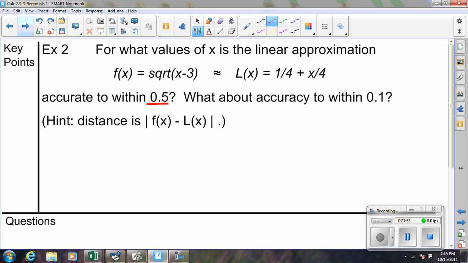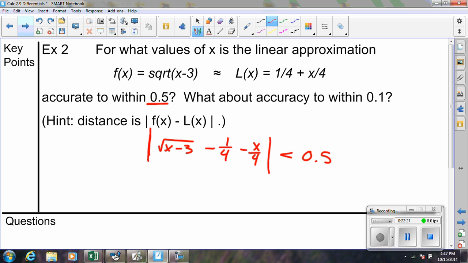Within a distance says we can be above it or below it, but distance is absolute value. So one way to look at this is to take our function f of x, subtract off our linearization, and say the distance between these two has to be less than 0.5.